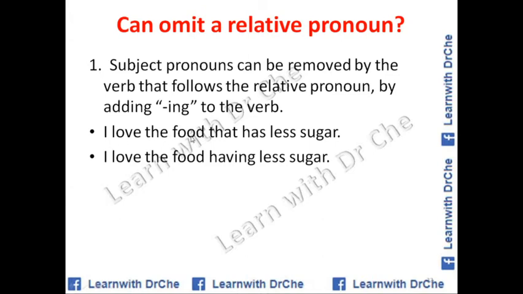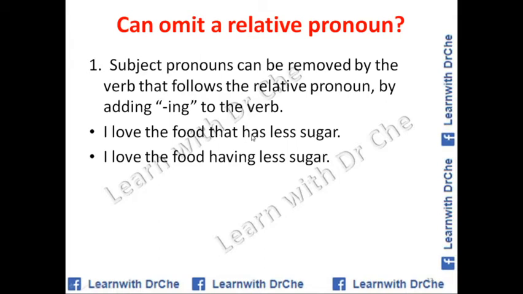I love the food that has less sugar, or we can say which has less sugar. Now this is a complete sentence with a defining relative clause.